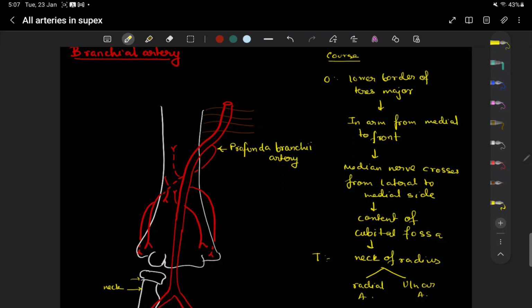And we have one nutrient artery as well, the nutrient artery of the humerus. Next we have two branches that are involved in the anastomosis around the elbow. One is the inferior ulnar collateral artery, another is the superior ulnar collateral artery.